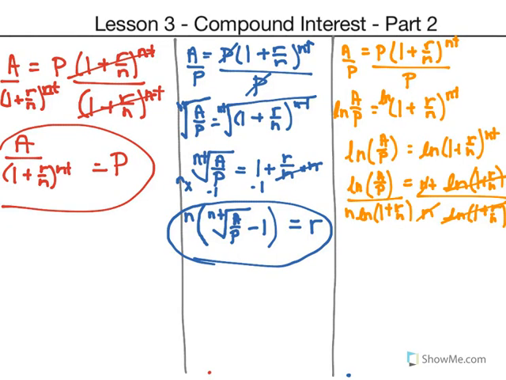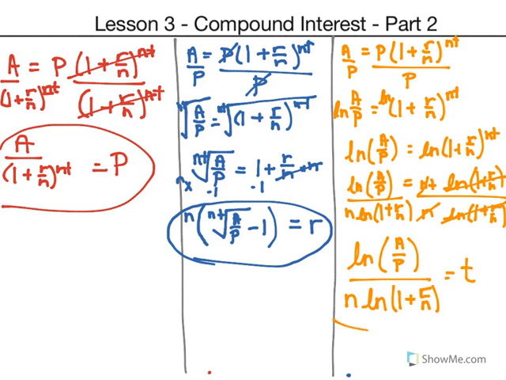So the way it's simplified is you take the natural logarithm of your future value divided by your principal, divided by your number of compounding terms times the natural logarithm of 1 + r/n. And that will find your t. So again, you can remember these formulas, or you can just remember how to solve for each of those terms.